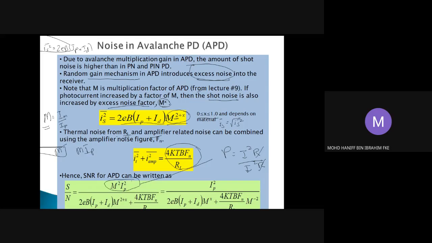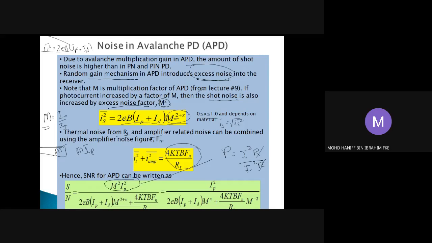Since we have a squared value, we then have M squared IP squared. That is the value of the signal current. And for the noise current, we have these terms, obtained from the above, the summation of the shot noise current and the thermal noise current. So we just sum them together.